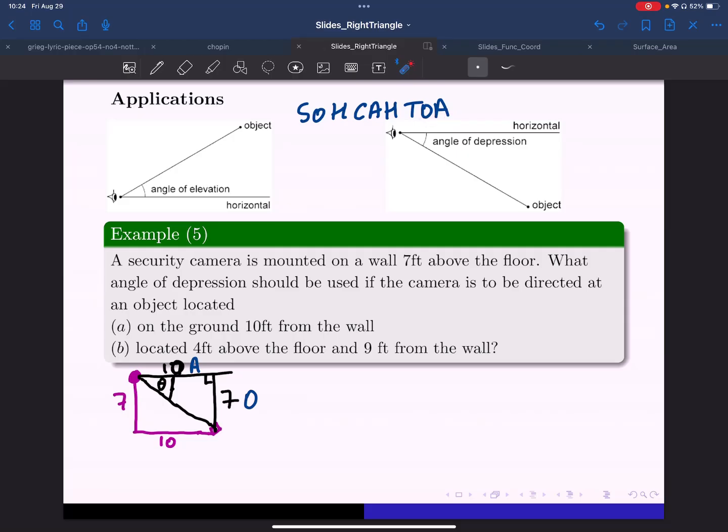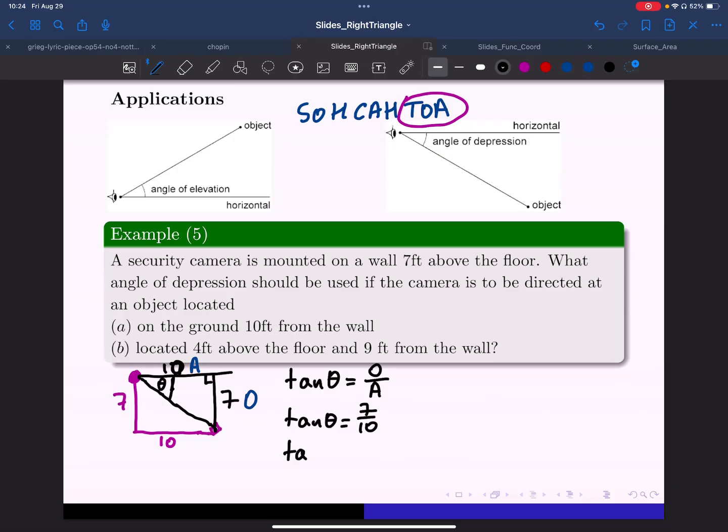Here is adjacent over hypotenuse, opposite over hypotenuse. So clearly my trig ratio is tangent. So we have tangent theta is equal to opposite over adjacent. So tangent theta is equal to 7 over 10.